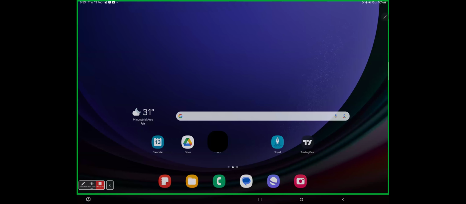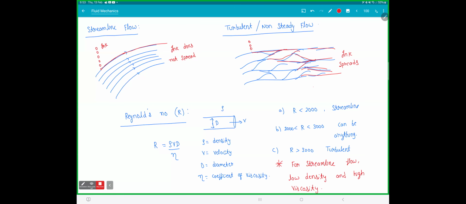You can see how it is spreading out. So you can change the flow regime by increasing the speed of the flow, which changes the Reynolds number. I hope now everyone got an idea of how streamlines look. Is that clear, everyone?